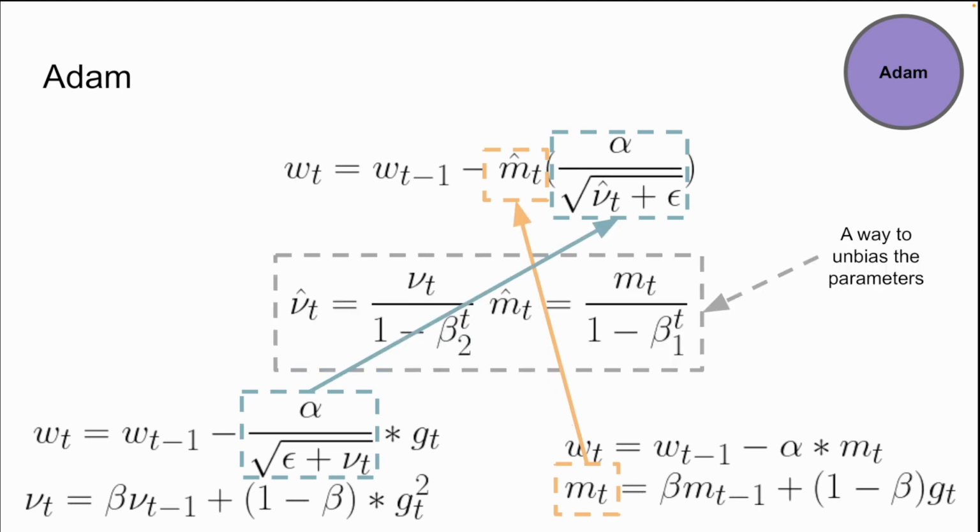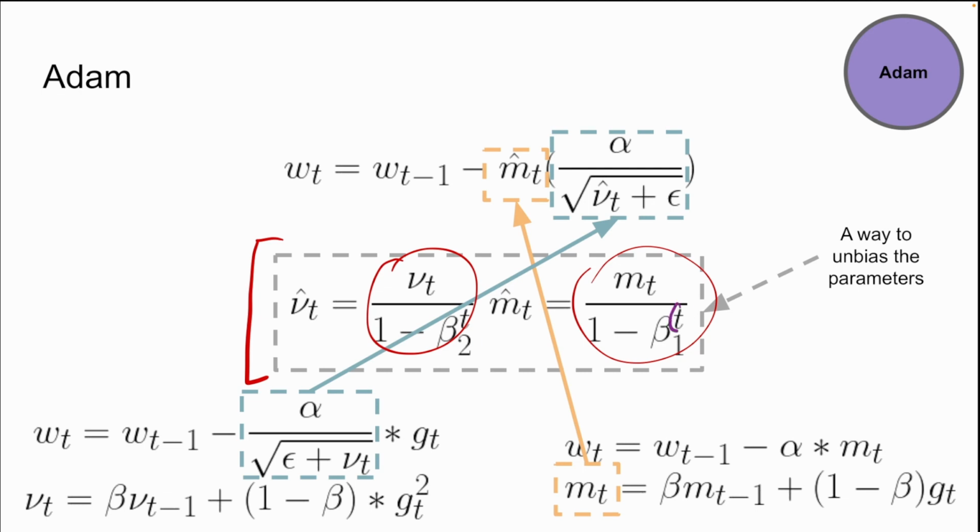One additional advantage that ADAM has is it actually unbiases our momentum and that adaptive learning rate term. When we start out our process, we often initialize our previous gradients to be 0. And so as we start building up gradients, our two terms, which rely on our previous gradients, are biased towards being 0. In order to overcome this bias, which really is only in effect in the first couple of steps that we take, ADAM actually uses a formula listed here and here to unbias these estimates.